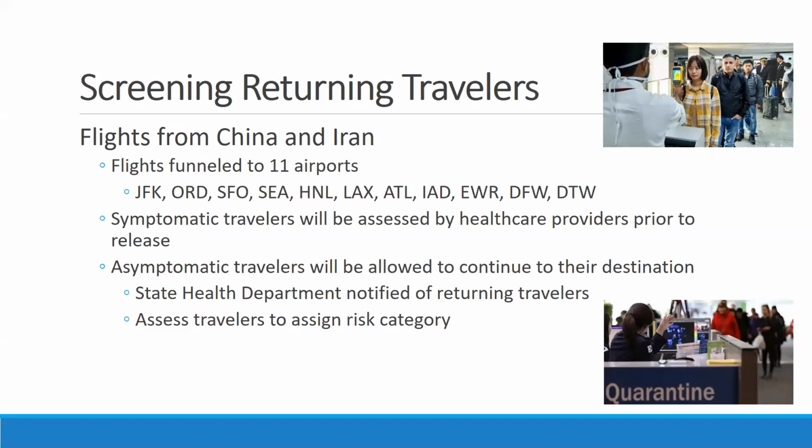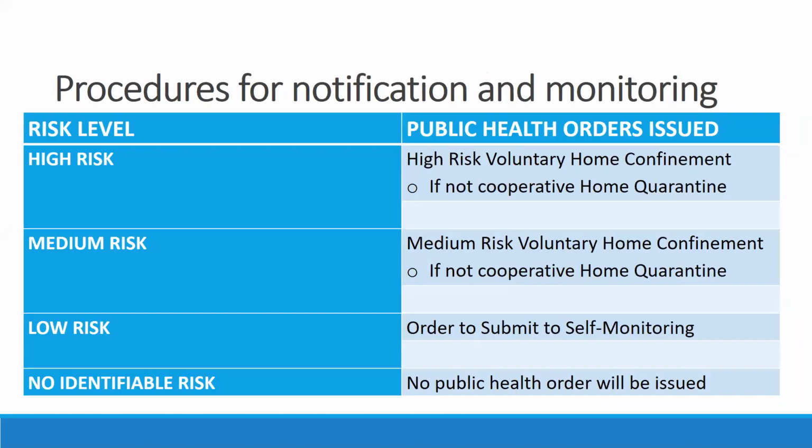If people are well when they arrive at the airport, they are allowed to continue to their destination, and CDC is collecting all of their contact information and sending it to the state health department where they're going to be returning to via a secure communication system that we use for a lot of different communications with CDC. When we receive that notification, we'll follow up with that individual to assess the level of risk, the level of exposures that they had in the country where they're returning from.